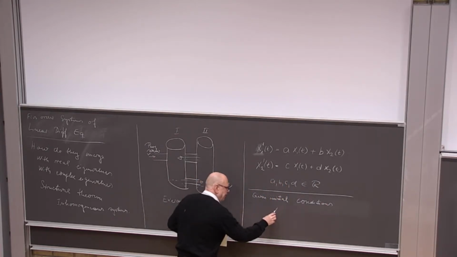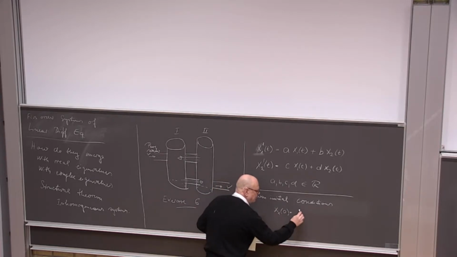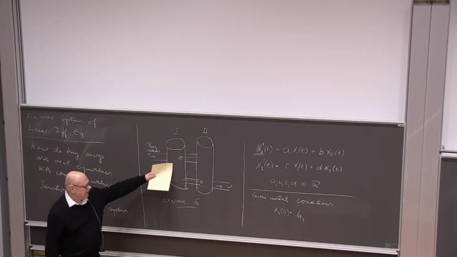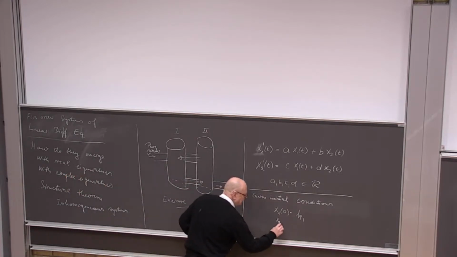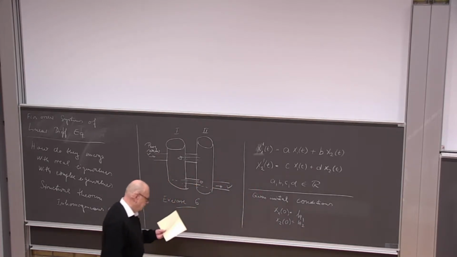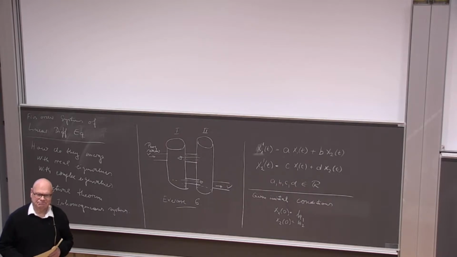This could be that at time 0 we are given the value of the salt concentration in tank 1, but also the value of the salt concentration in tank 2. And now it turns out for a linear system, given these initial conditions, there is a solution. So the existence of the solution is secured, and it's unique.